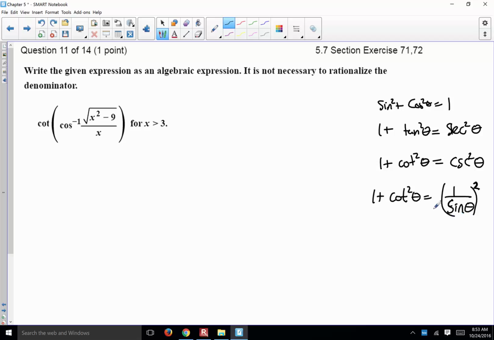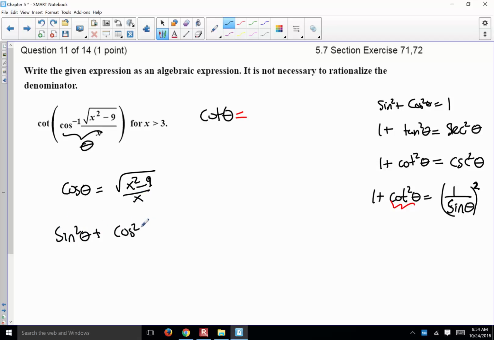Why? Because this was saying cotangent theta, right? They are asking for this. If you know sine theta, you can get it. But what we know here is cosine theta equals root x squared minus 9 over x. You still need to employ this fact to get sine theta. Sine squared theta is 1 minus cosine squared theta.